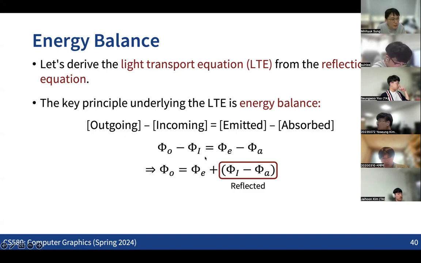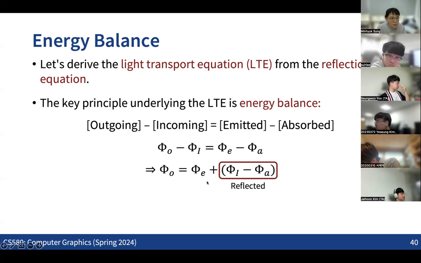And also, if we move the incoming power to the right hand side, then we have this equation. The difference between the incoming power and the absorbed power can be the portion that is reflected, right?